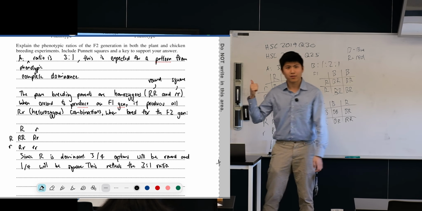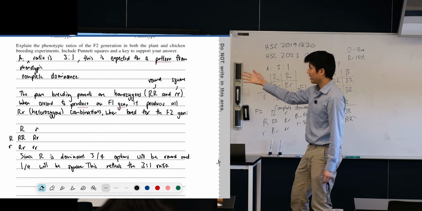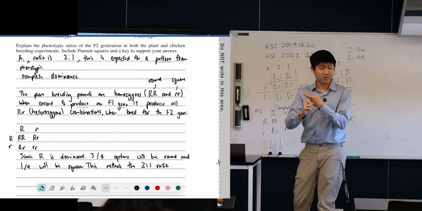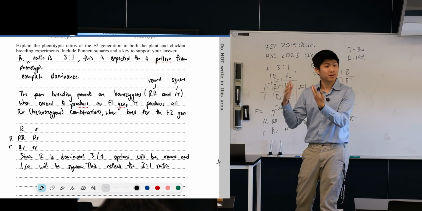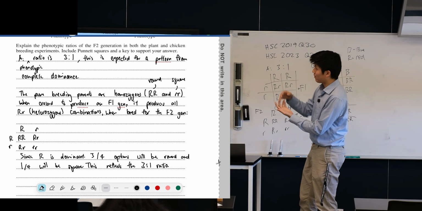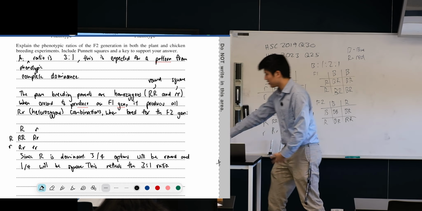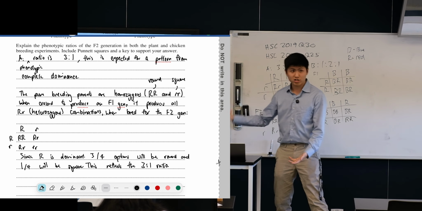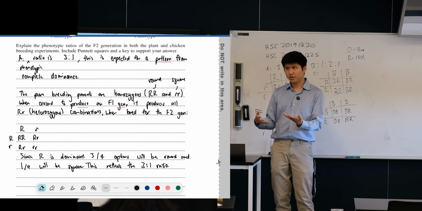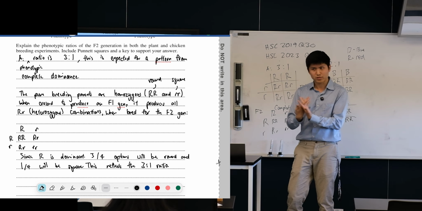So in my answer, I've talked about the trait, I've identified the pattern of inheritance in this Punnett square, which is complete dominance. I've referred to my ratio, I've mapped out on a Punnett square how I actually got that ratio. So the marker knows I know what I'm talking about.